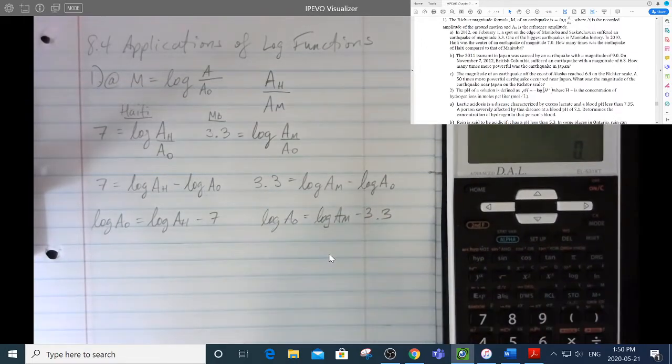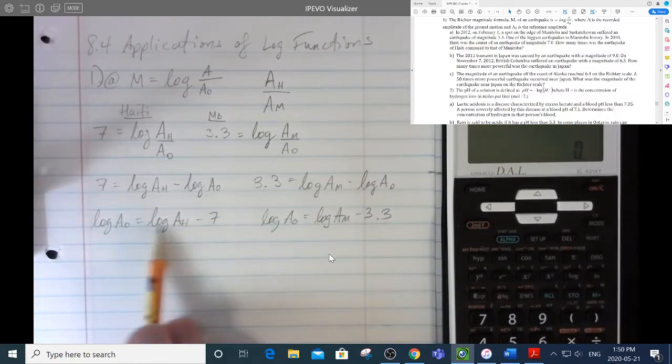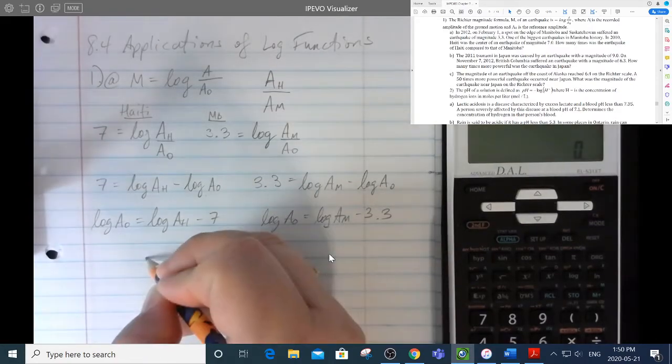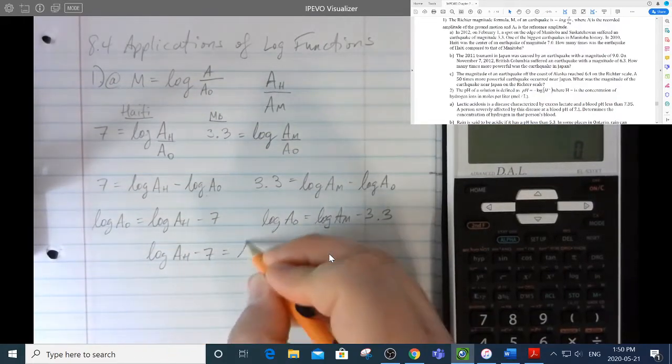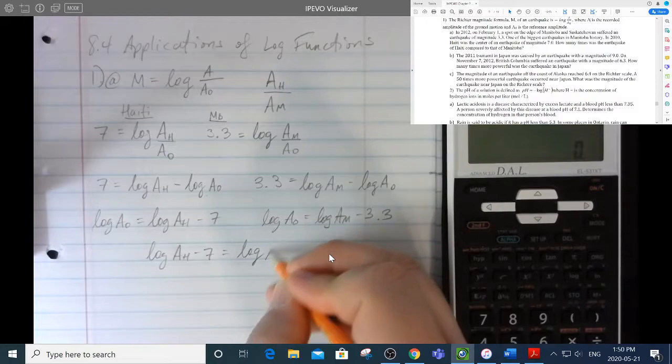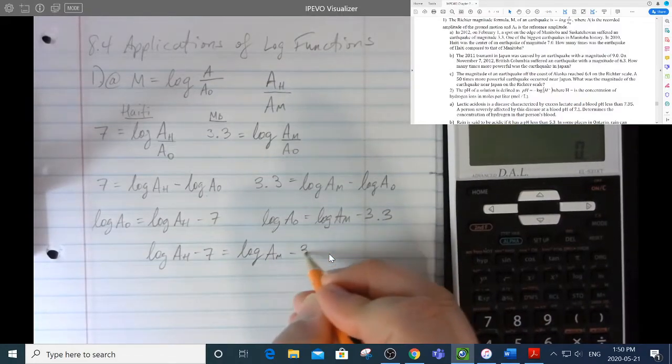And that means that I can compare this expression to this one because they both equal something that I know is the same, the reference magnitude. So I can compare them. The log of AH minus 7 equals the log of AM minus 3.3.